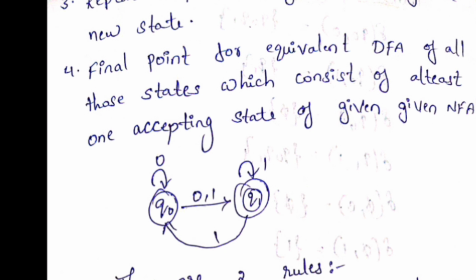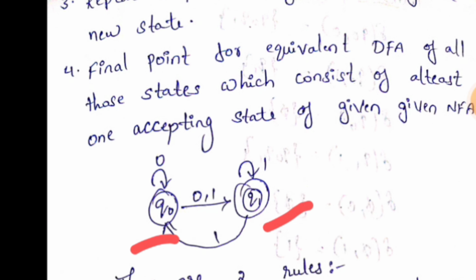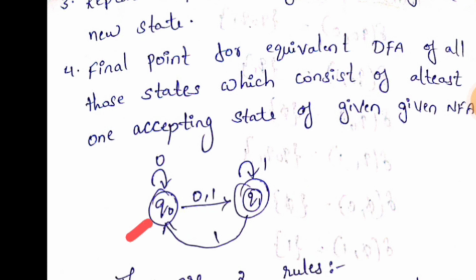Okay, here we will see one example. Here we have 2 states, one is Q naught and Q1. Here we are having input symbols zeros and ones. Then from Q naught the path is moving towards Q1 with input symbol 0 and 1. That means it is multiple inputs.